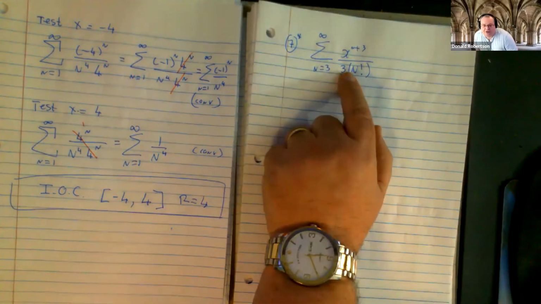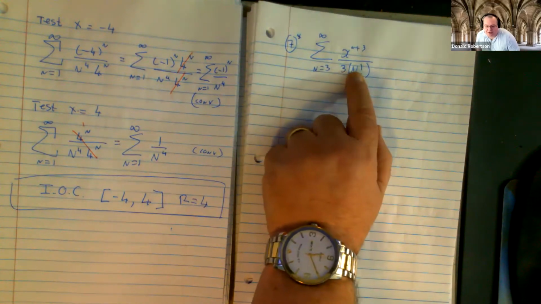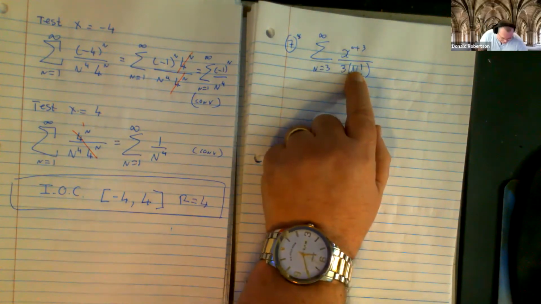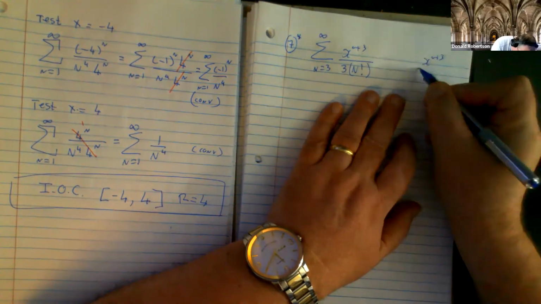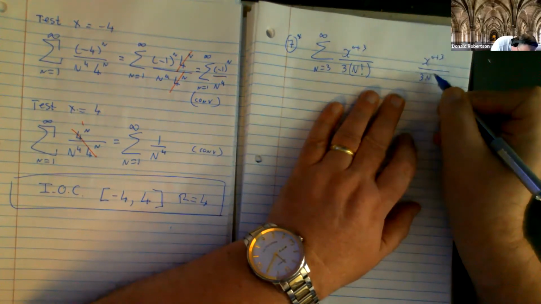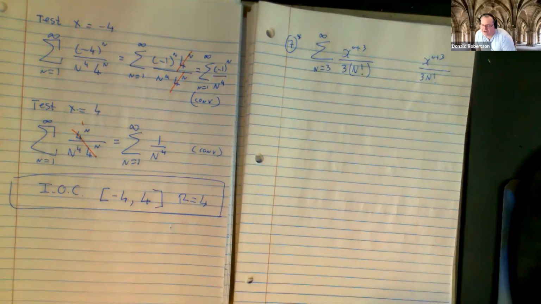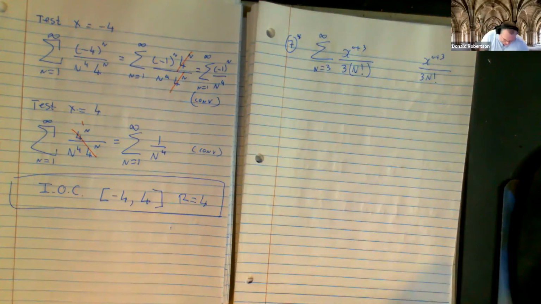It's not obvious, but this is 3n factorial, right? If you see the way it's written, you wouldn't necessarily assume that that's the case.